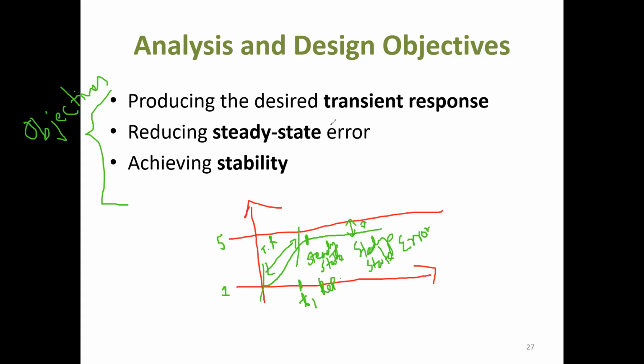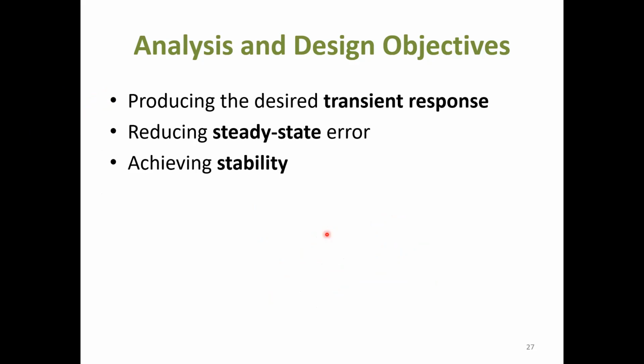Second one is reducing the steady state error, and third one, finally, achieving the stability. So we'll see a block diagram here. That block diagram will show us how to complete these things. So let's move to the next one.